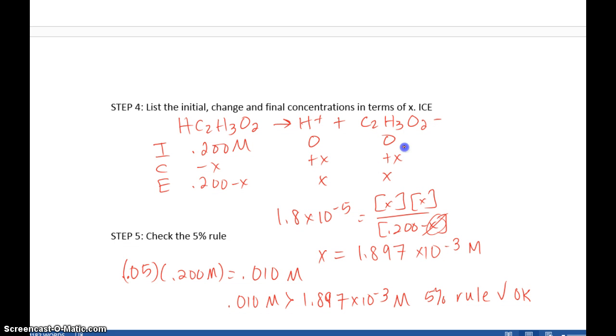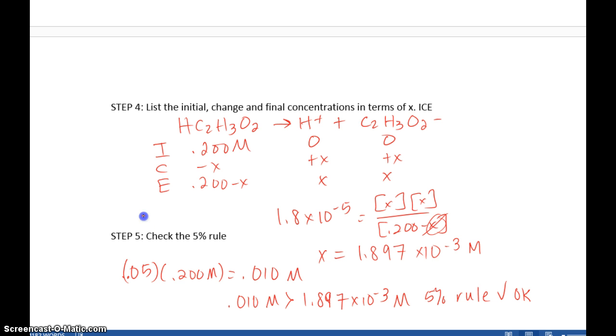So 1.8 times 10 to the minus 4 is equal to x times 0.100 plus x, which I got from right here, over 0.250 minus x, which I got from right here. I'm going to get rid of my x's. I'm going to multiply by 0.25 and divide by 0.1. And I'm going to have x is equal to 4.50 times 10 to the minus 4th molar.